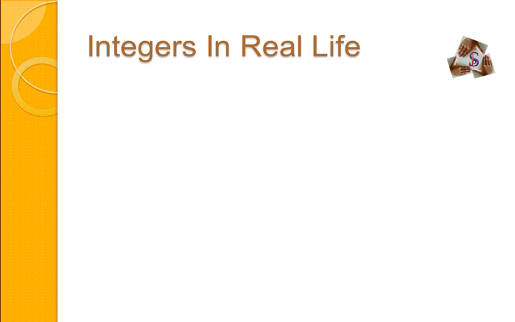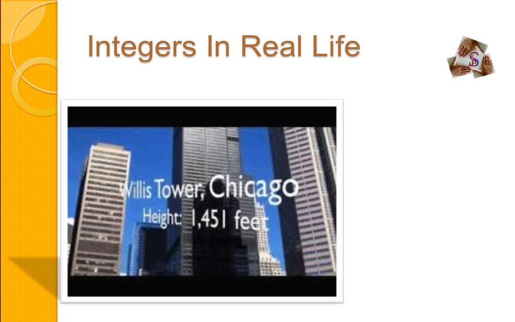Now let us try to understand the application of integers in real life. The height of this building is 1,451 feet. So this number tells us how tall this building is. Similarly, negative numbers are used to depict many things.